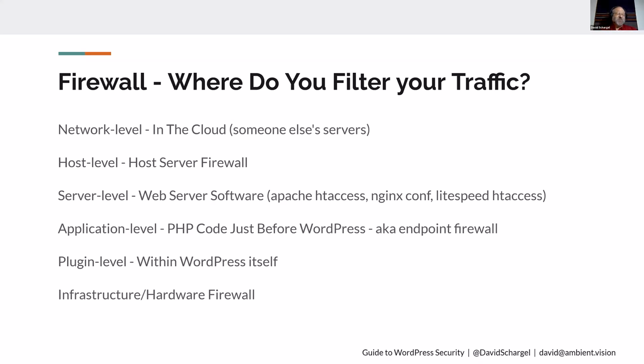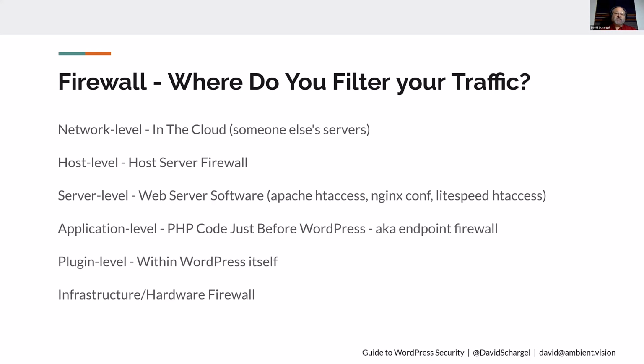A lot of people do manual manipulations to Apache files, these .htaccess files, or Nginx conf files. It's interesting, because there are even plugins, like iThemes Security, that will alter your .htaccess files to give you some protection at that server level before it even gets close to WordPress.